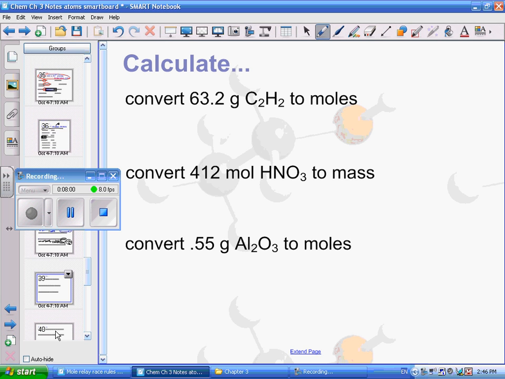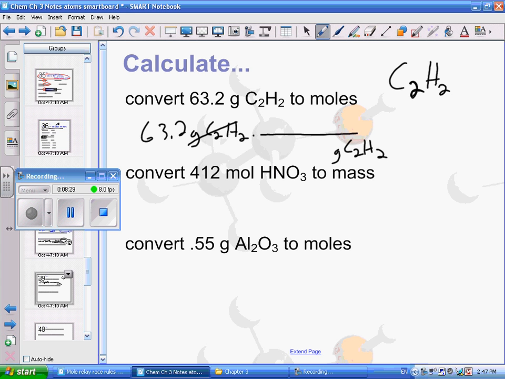Let's get a little bit more difficult. Now I'm going to have a molecule or a formula unit. We'll just call them molecules to make it simple. We have 63.2 grams of C2H2, which is something called acetylene. And we have grams here, so grams cancels out on the bottom. But now I don't have just a raw atom, I have a molecule. So what I need to do is take the molar mass of 2 carbons and add that to the molar mass of 2 hydrogens.